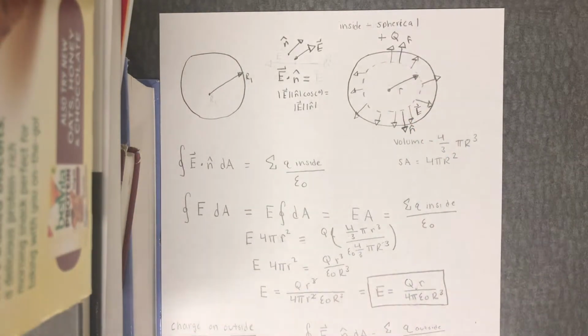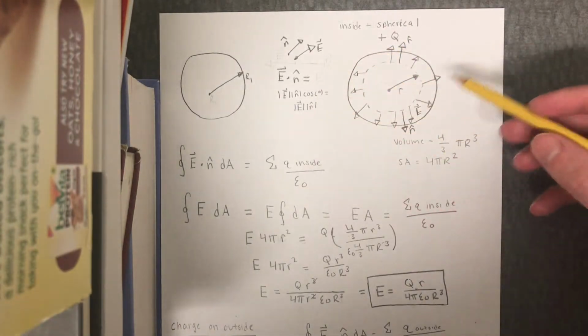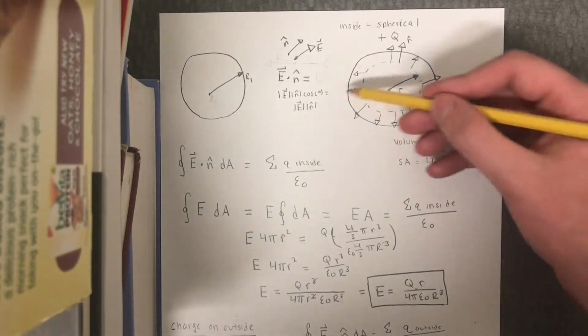So our sphere surface is like this, so our n hat is going to be coming out all around it.